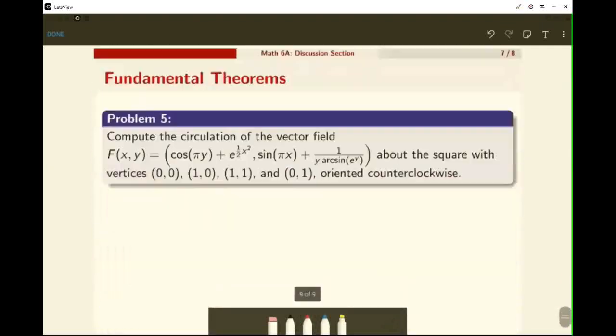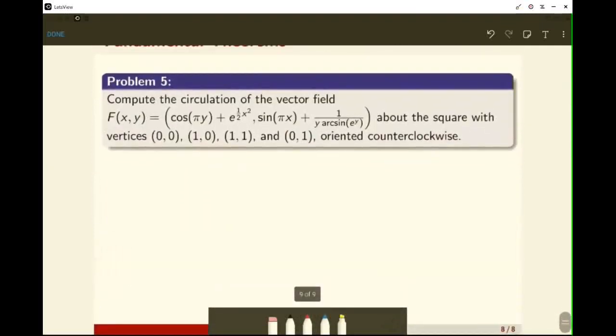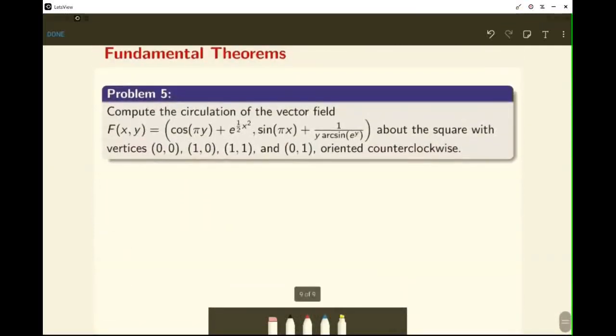Okay, and then the last problem that I want to talk about is for Green's theorem. And so here we've got a situation in the plane.